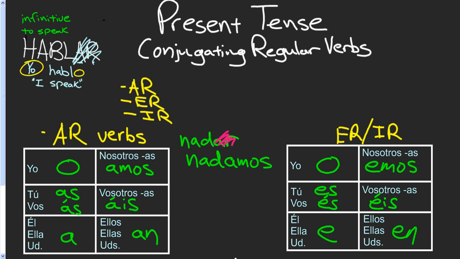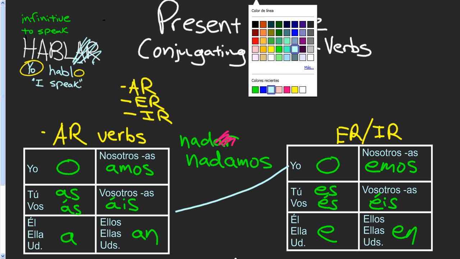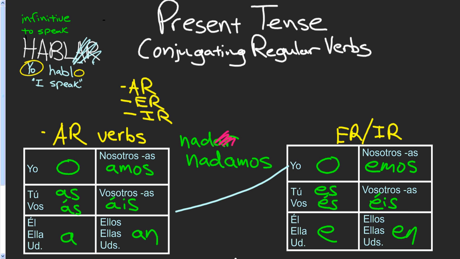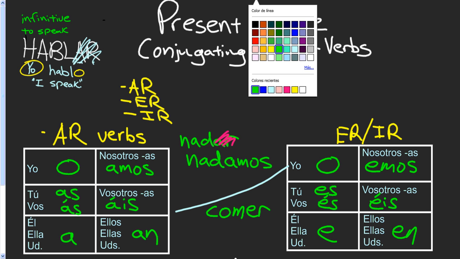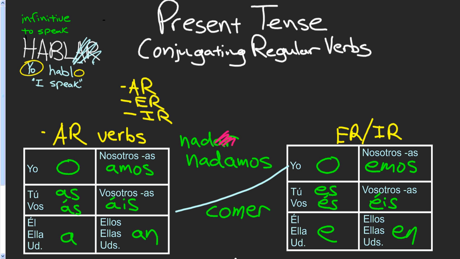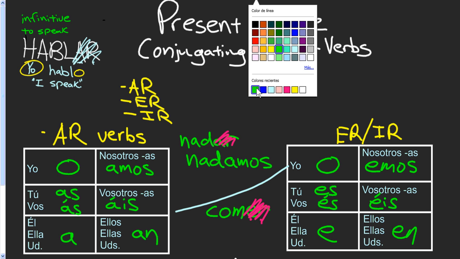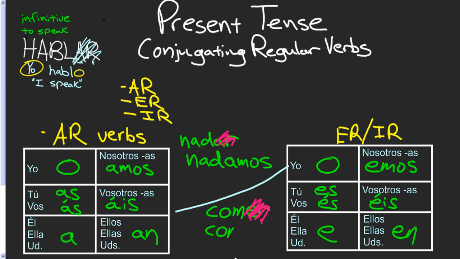Ellos, ustedes, en. And so to see a few examples of these ER and IR verbs, let's take the verb comer. And we want to conjugate the verb comer for ella, to say that she eats. Again, we take off the last two letters of that infinitive. We repeat the stem, com, and then we look in our conjugation table for ella to see that the ending is e. Ella come.